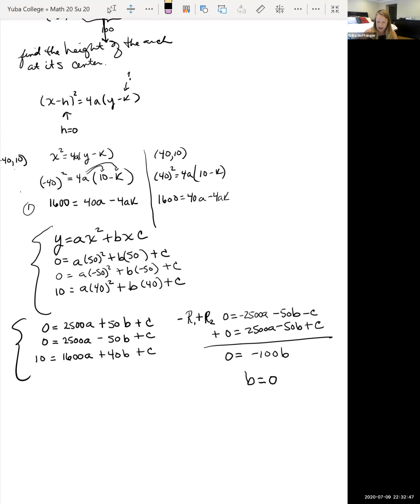So let's go back. Because we know what one of those variables is, we can go back and substitute it in here. Well, if we plug in 0 wherever we see a B, those terms would go away, right?